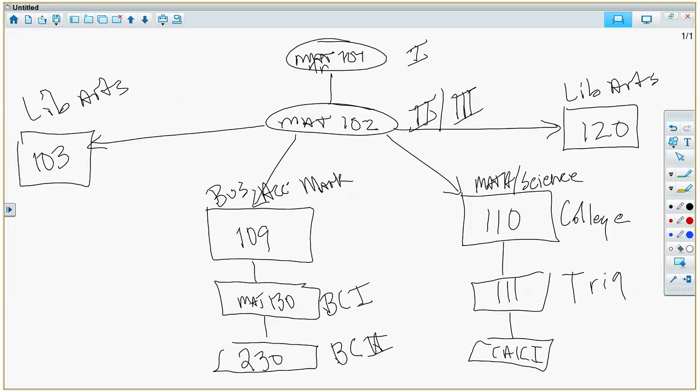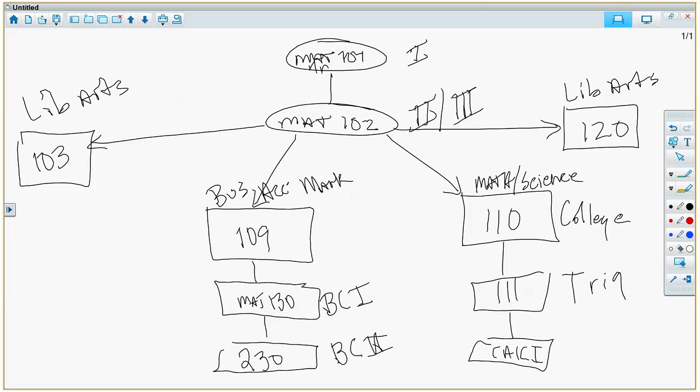Now, that's why I tell you that, because you will change your mind. And the best route that you need to go, unless you are 150% sure, is the Math 110, 111, Calc route. Now, how far do you go? Well, by the time you get to Calc 1, you're probably going to have a good idea of what you want to do.